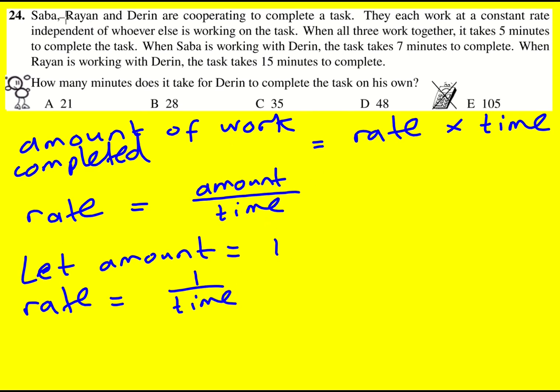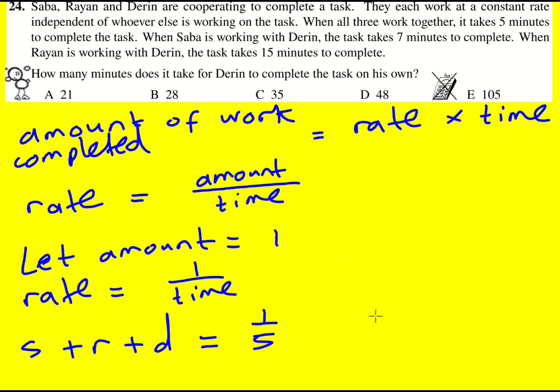And then I'm going to say that Saba works at a rate of S, Ryan at a rate of R, and Darren at a rate of D. So then I can construct some equations. When all three work together, that is S plus R plus D, their rate is going to be, it took them 5 minutes, so 1 over 5. Okay, and I've constructed an equation.